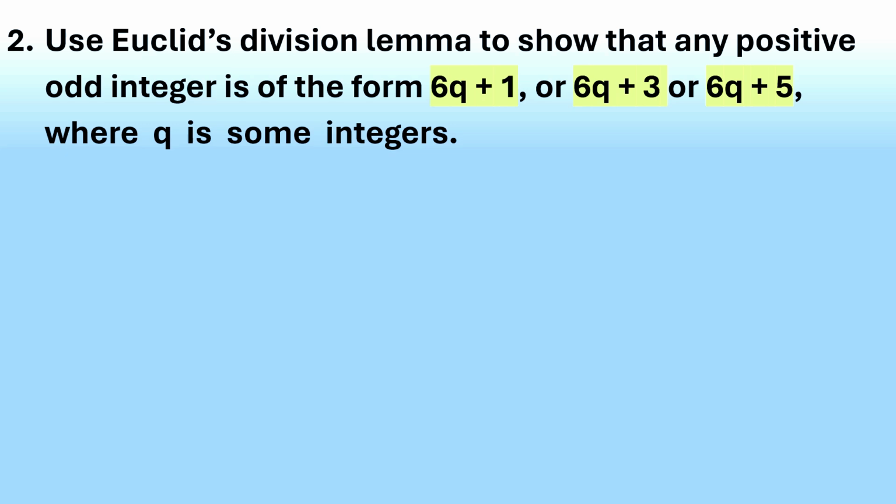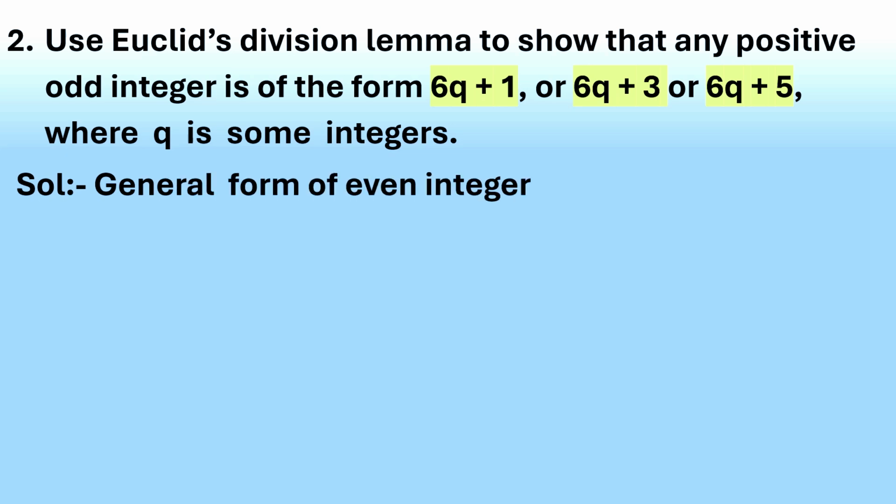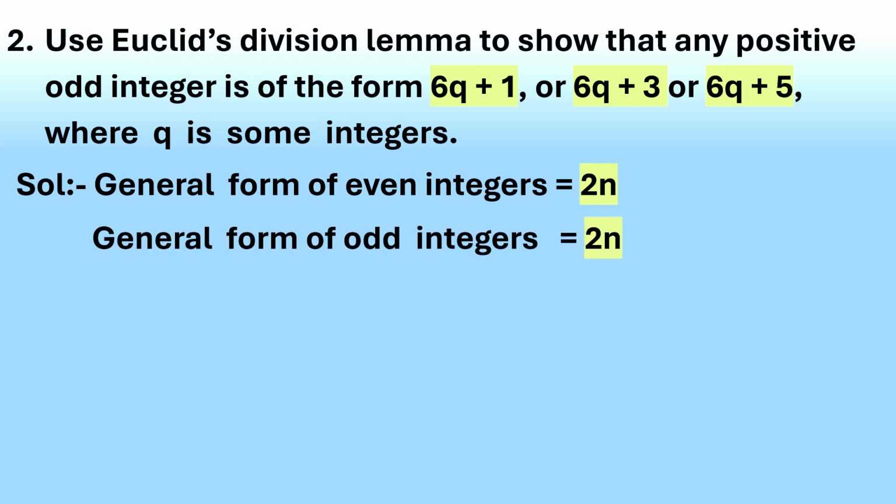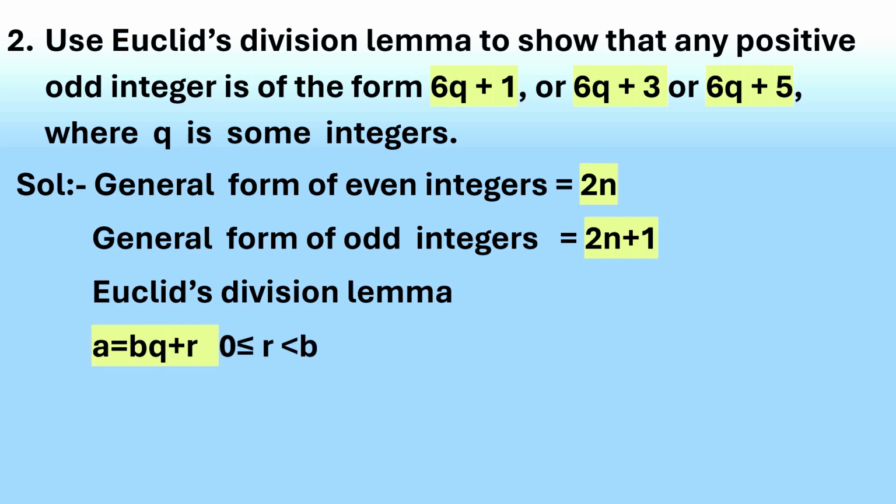But we know that the general form of an even integer is 2n and the general form of an odd integer is 2n plus 1. Now we use Euclid division lemma, a is equal to bq plus r, where 0 less than or equal to r less than b.